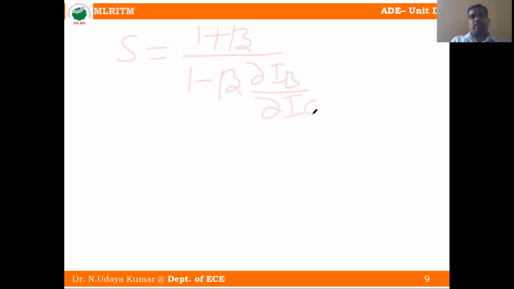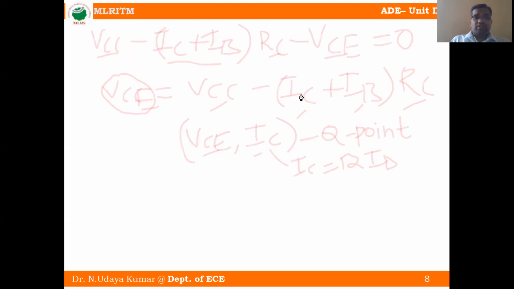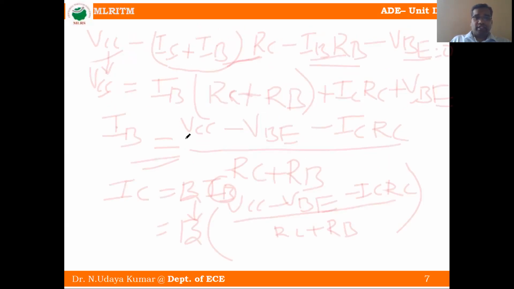So this is the formula. We have already calculated dou IB by dou IC. That means, what is IB? This is the IB.